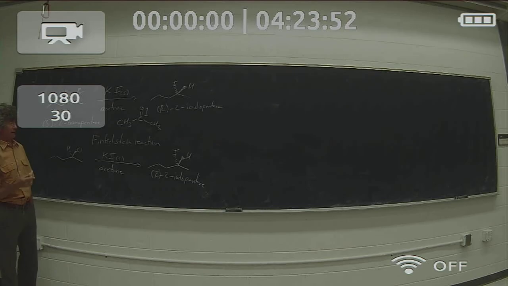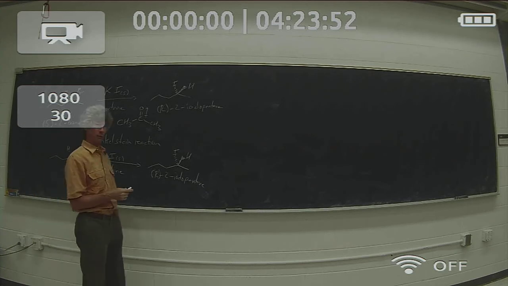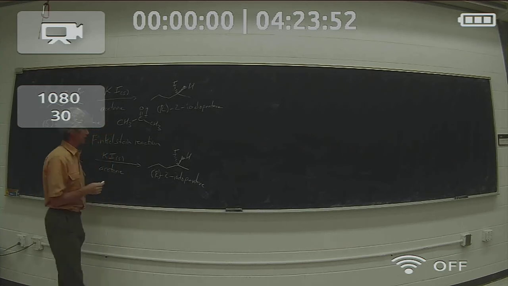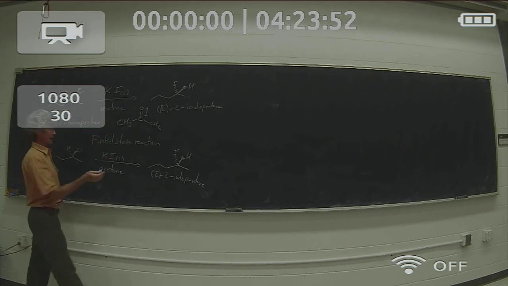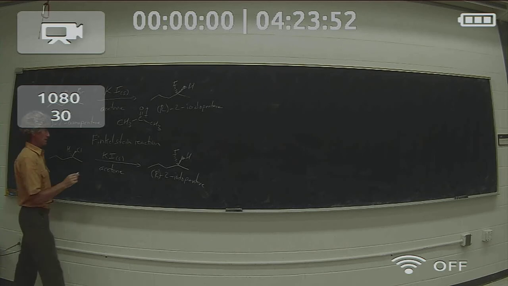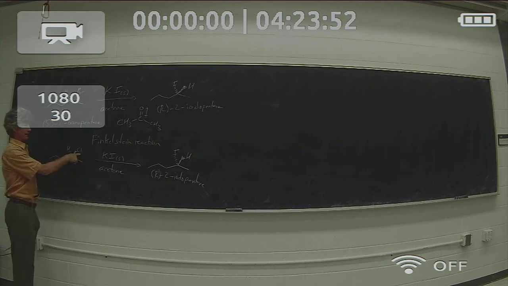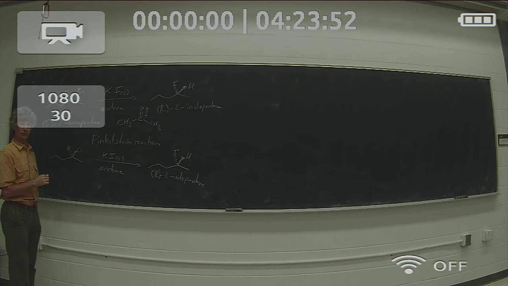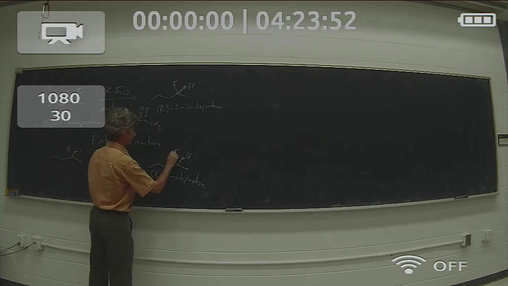We know that iodide is an excellent leaving group, and we know that iodide is an excellent nucleophile, but iodide is a better leaving group than is chloride. And chloride is a more strongly basic and better nucleophile than is iodide, unless you're in a protic solvent.